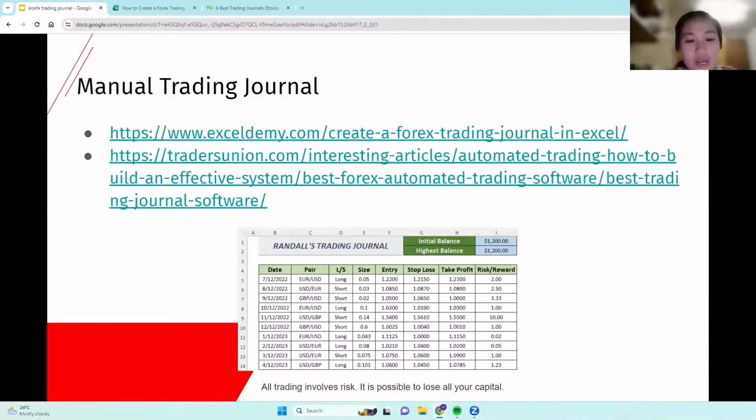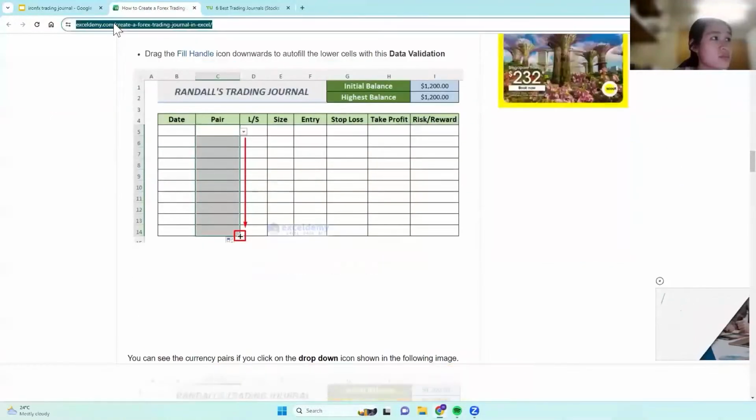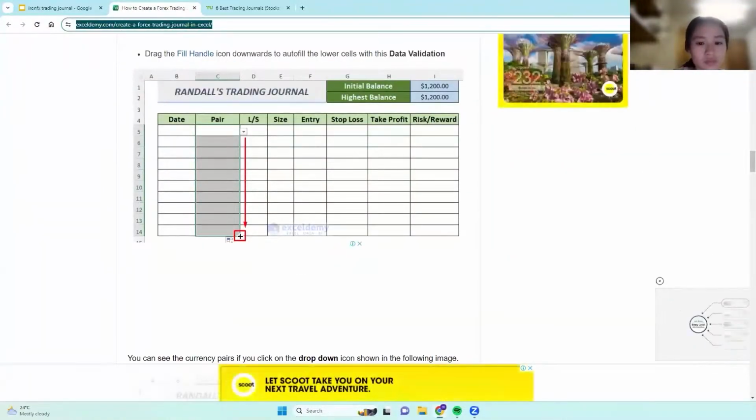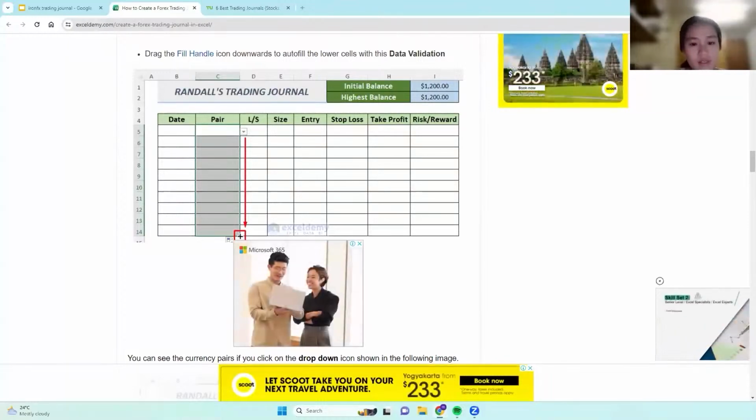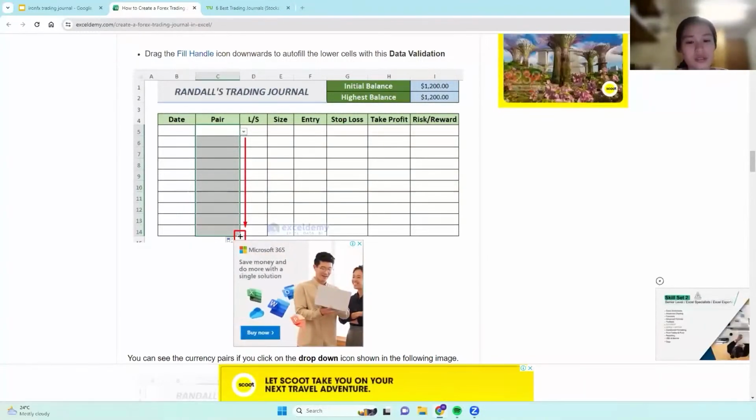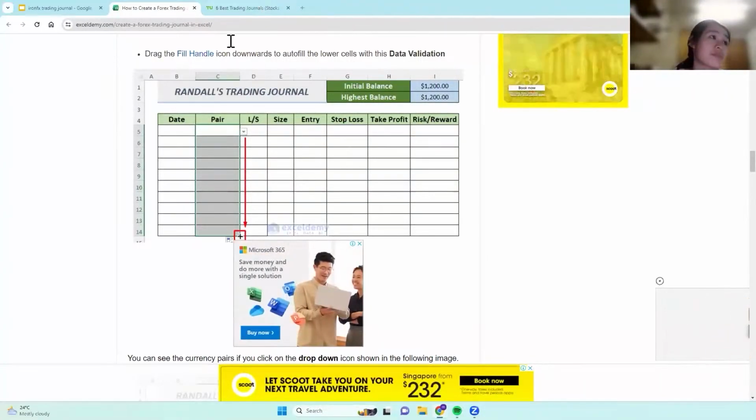So the one that I'm popping into the chat now is the manual one. Okay, and then the automated one is over here.